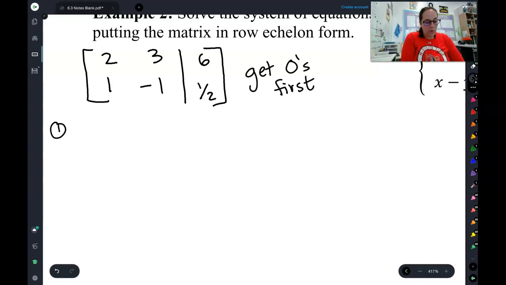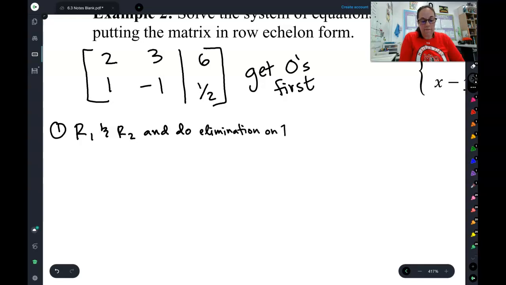So I am going to work with row 1 and row 2, and I'm going to do elimination like we did in the last video on the first column, and then I'm going to use that answer to replace the second row.